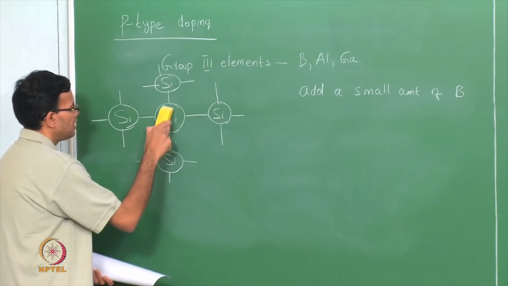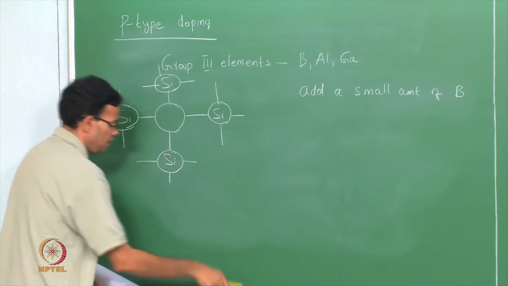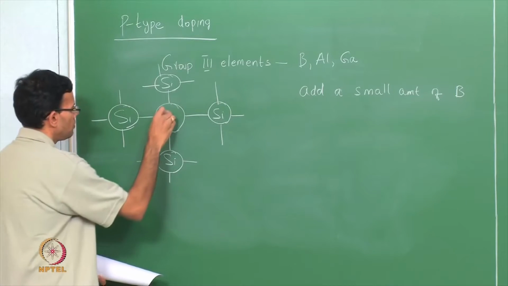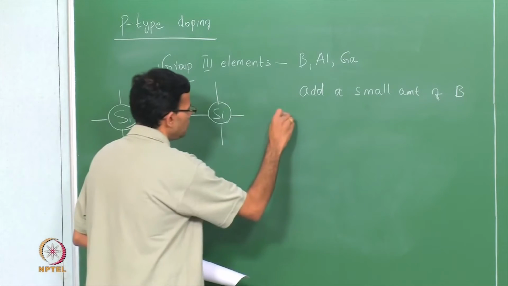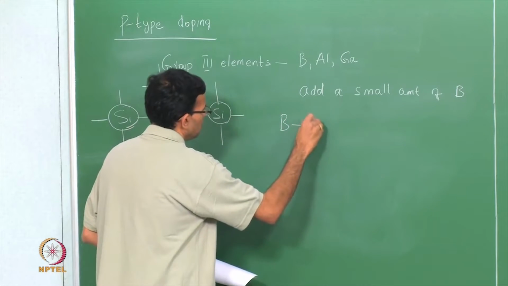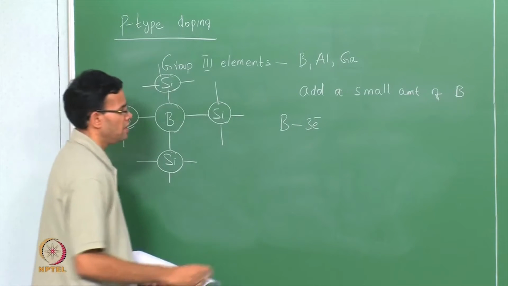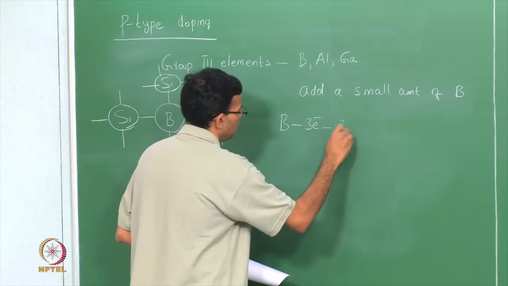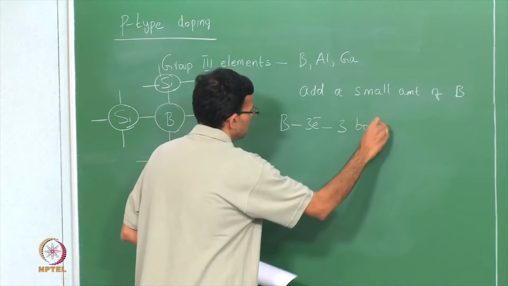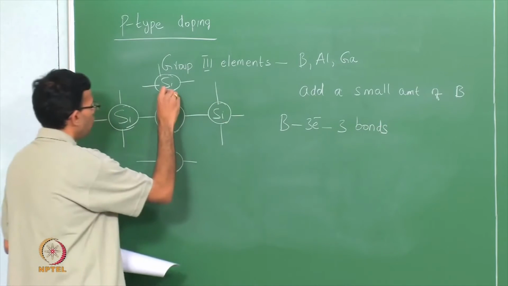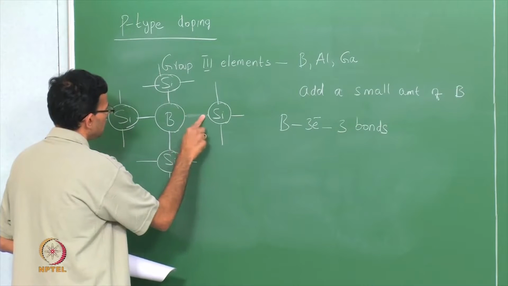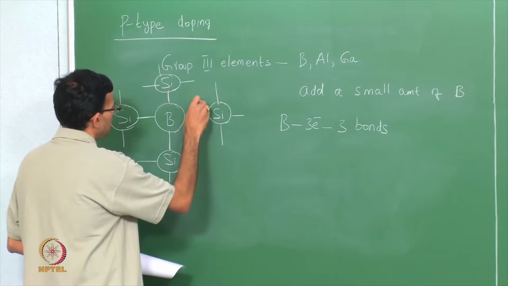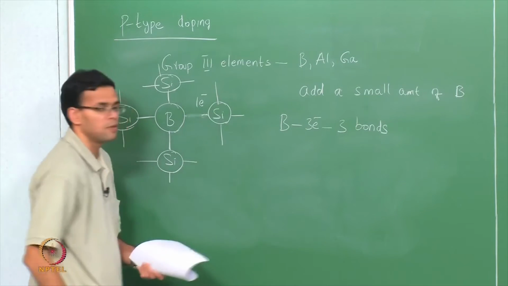I will take this silicon atom and I replace it with boron. Now, a boron has 3 electrons, so it can easily form 3 bonds, but this silicon atom has 1 extra electron.